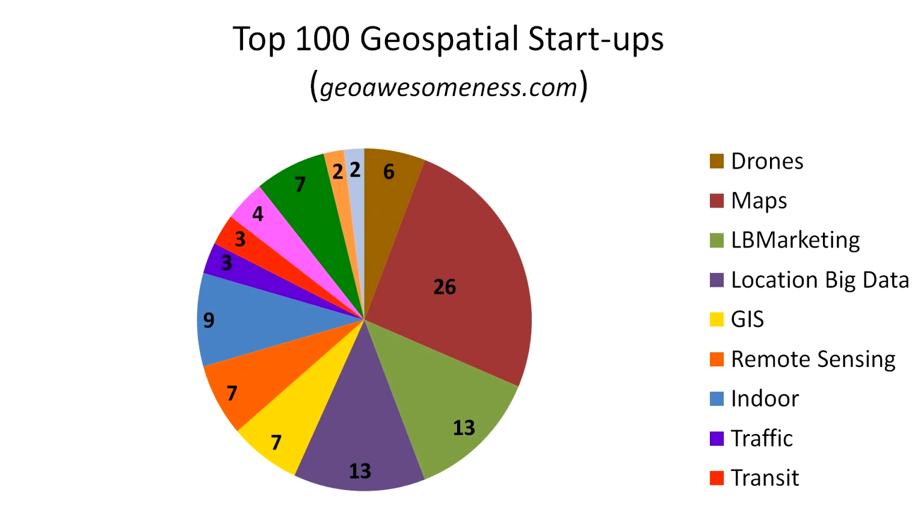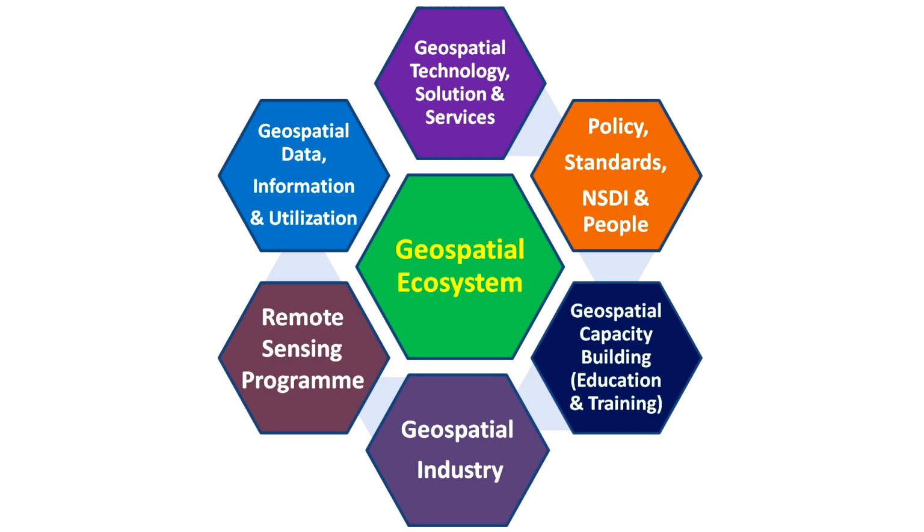So overall, this evolution process of India's geospatial data collection and data usage has resulted in a large geospatial ecosystem. An ecosystem means where the different subsystems, like here in the context of geospatial, the geospatial technology solution services, the geospatial data information utilization, our huge remote sensing program, then geospatial capacity building and the policy, interact among themselves.